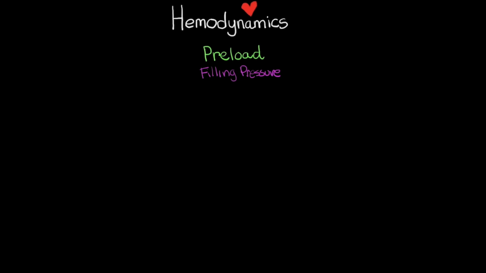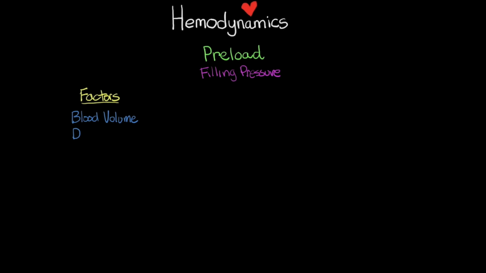Now with our preload, there are three main factors that play a role in determining what our preload is going to be. So the first of these is going to be our blood volume. So essentially, if you don't have any blood, you're not going to have any volume for your preload.